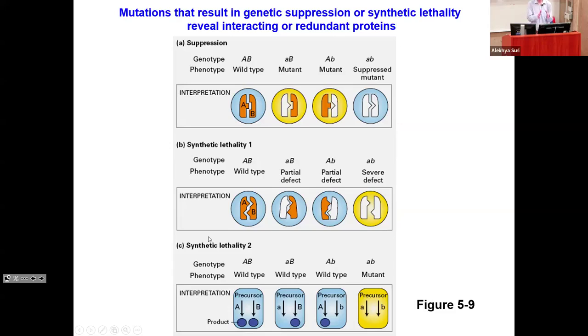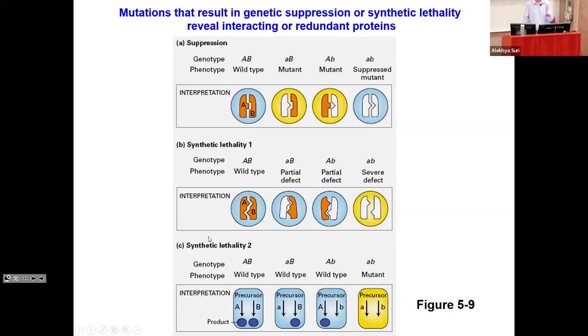But if you knock out both genes, A and B, in the same cell, you would see the end product is missing. So this is another example of synthetic lethality, where you do not synthesize, for example, a common end product.